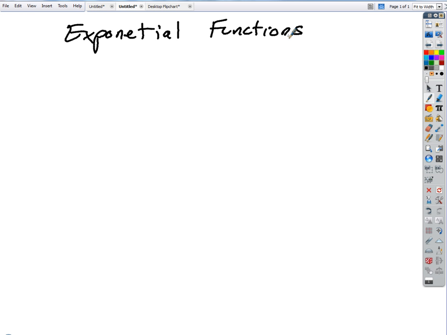So if we write exponential functions in their general form, first of all, this would be equivalent to writing a cube root function, which we might write as y equals a times the cube root of x minus h, plus k, for example, right?